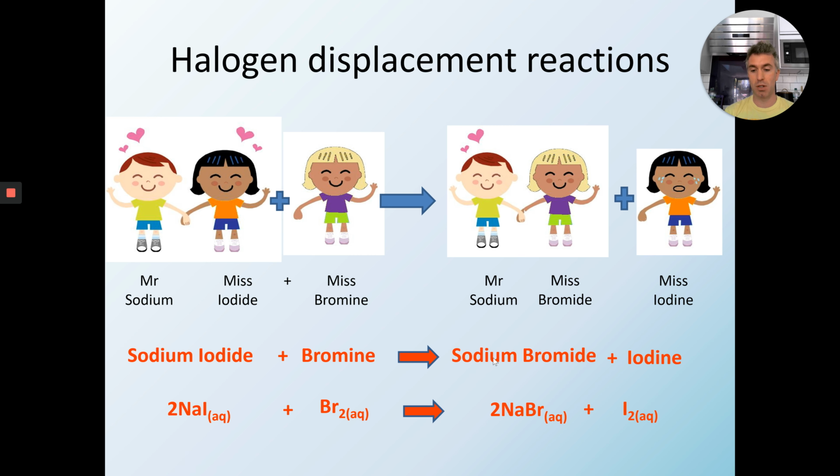It steals the sodium away from the iodine, leaving the iodine just on the side, in tears, sad and alone. So 2NaI, sodium iodide, bromine comes along, Br2, bromine steals the sodium to become 2NaBr, leaving the iodine all by itself.